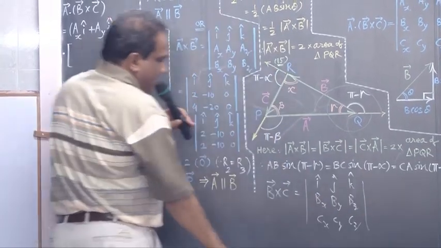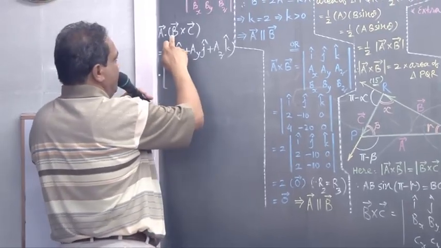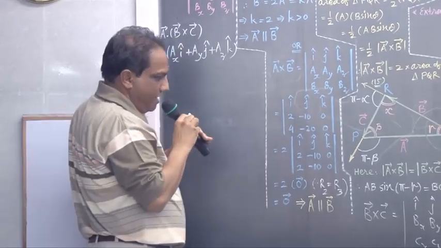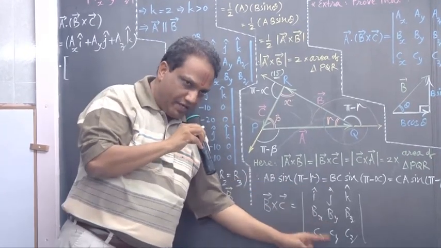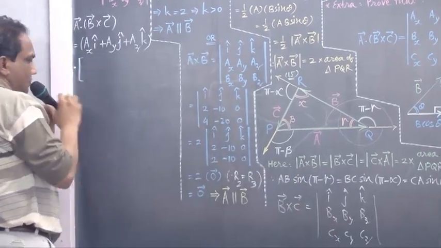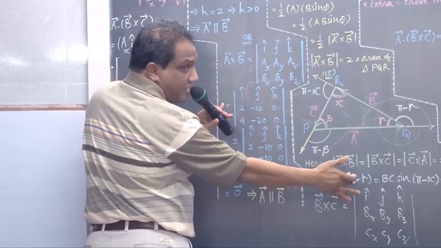Sure? Now, dot product with vector B cross vector C, but vector B cross vector C is this much. Correct? Yes. Okay. So I just take the expansion now.